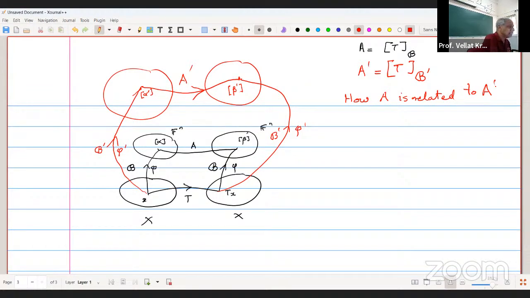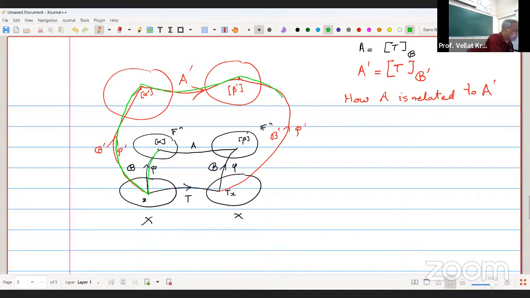So what you do is this. Let me just mark the direction. That would be very interesting to see how it works. I go from alpha to X, and then X to alpha prime, and then alpha prime to beta prime.